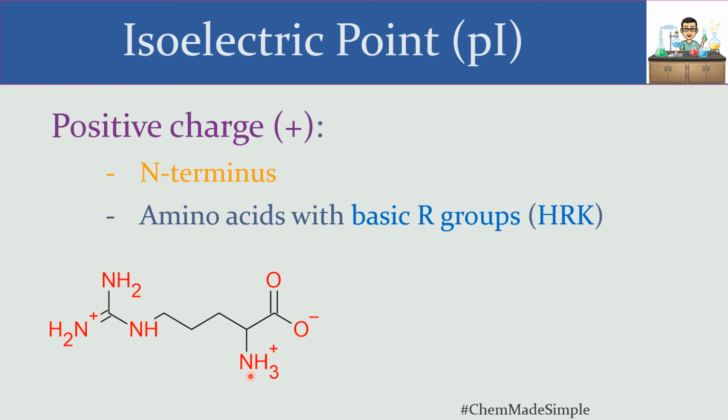So in terms of positive charges, it can be carried by the N-terminus or by the R group of certain amino acids, in particular histidine, arginine, and lysine. If we also take a look at the structure of lysine, we'll notice that the nitrogen on the R group also carries a positive charge. So the positive charge is either going to be carried by the N-terminus itself, or by the R groups of histidine, arginine, and lysine.